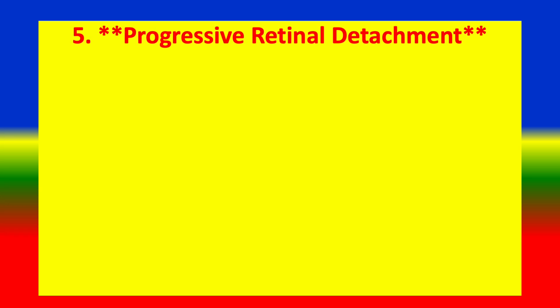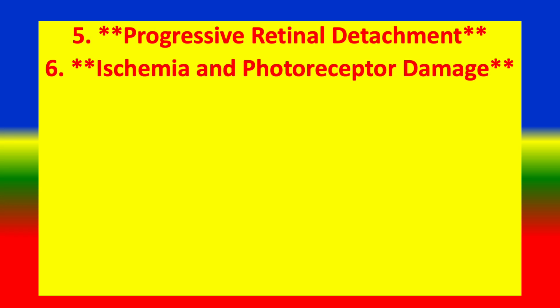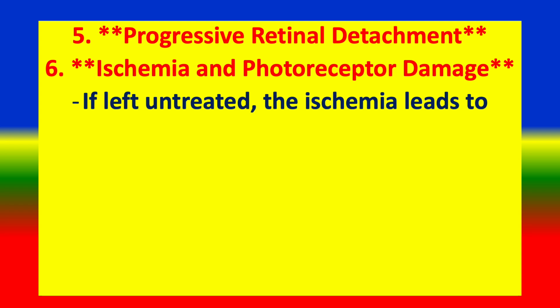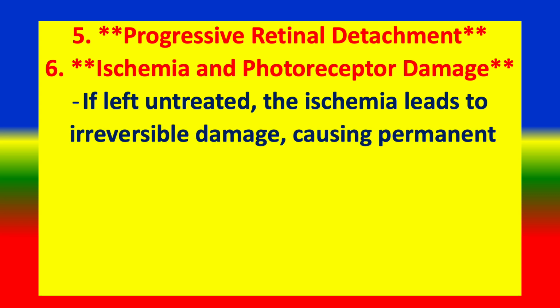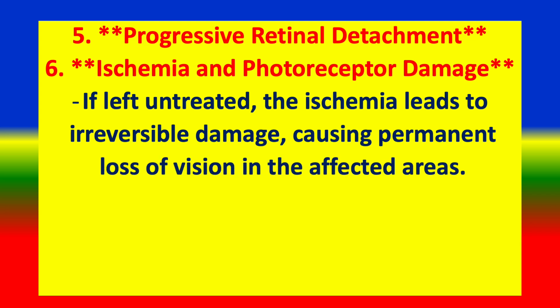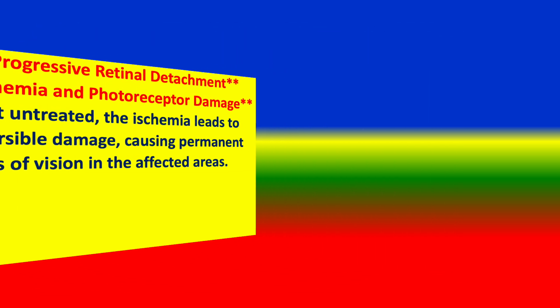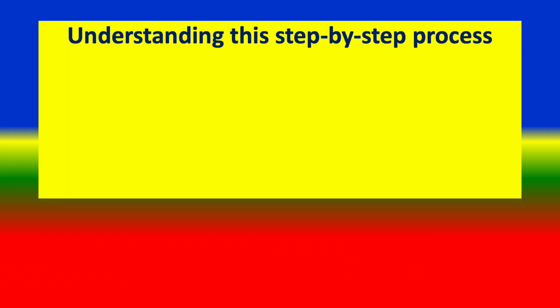5. Progressive retinal detachment. 6. Ischemia and photoreceptor damage. If left untreated, the ischemia leads to irreversible damage, causing permanent loss of vision in the affected areas.